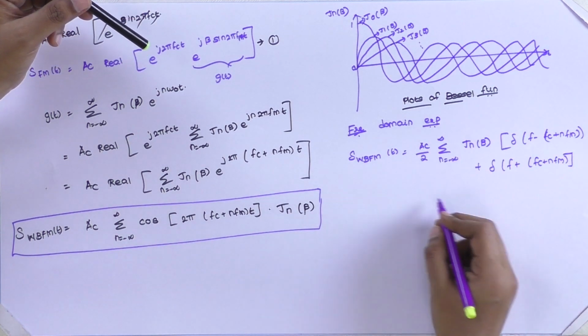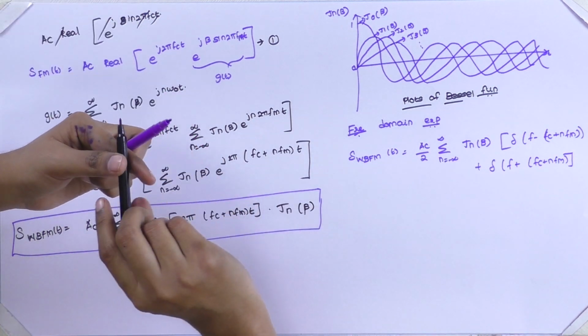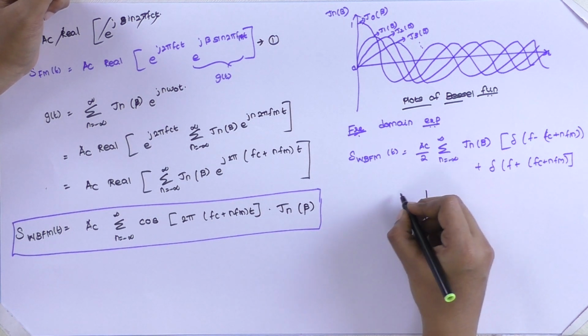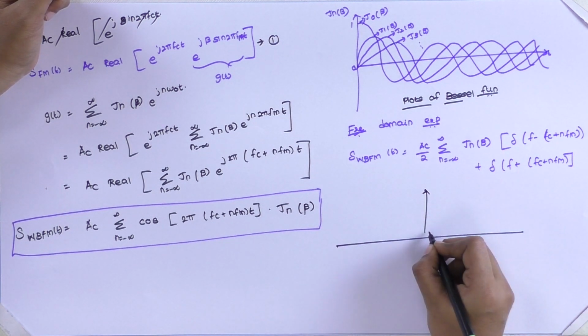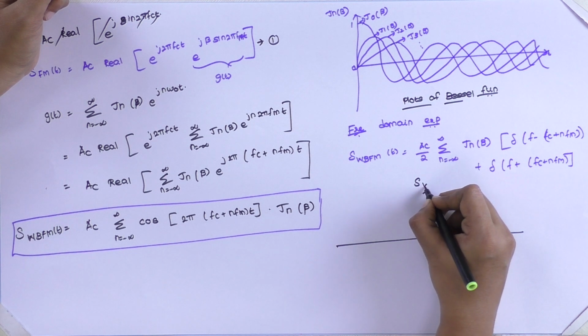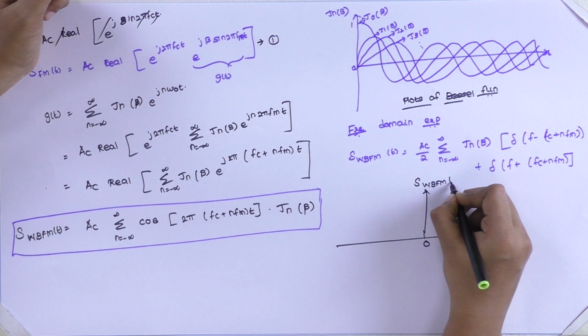So this is a frequency domain expression. Therefore, when we draw the spectrum, so this is the origin 0, this is WB FM of t.